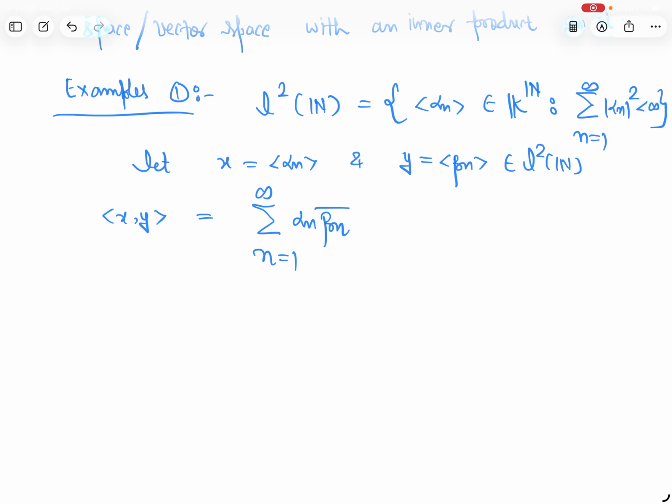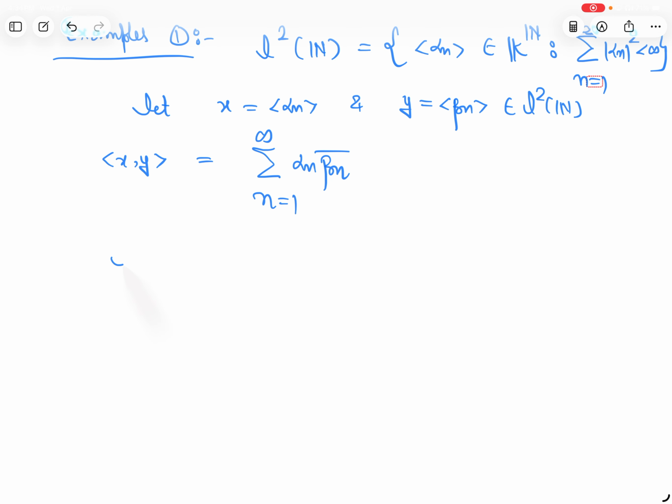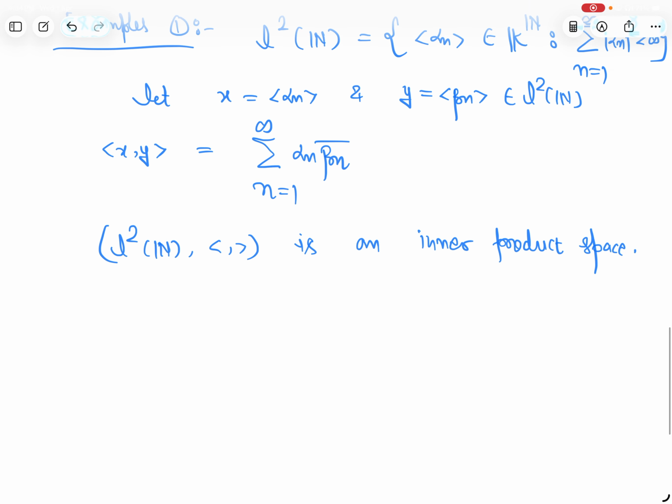My claim is that l2(N) with this inner product is an inner product space. Actually you can check all the properties.